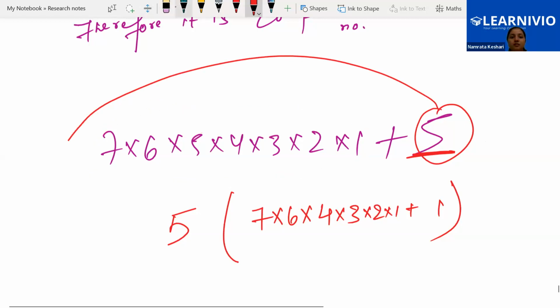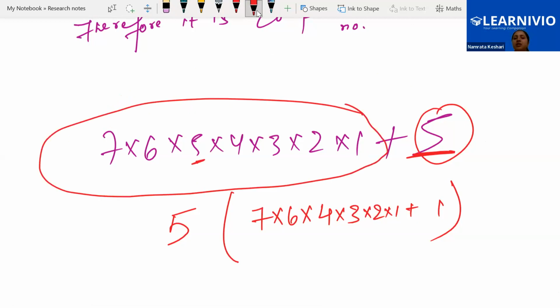Let me wipe it. This is our first term, the remaining are left. And from the next part, 5 we have taken common, so 1 will be there, no, Abdul? Yes. Is it getting clear?